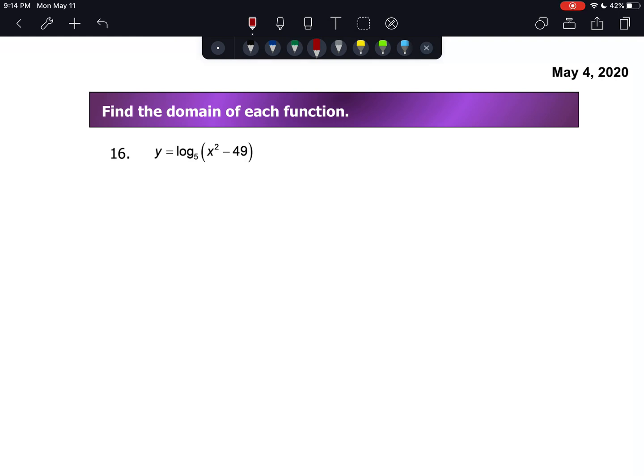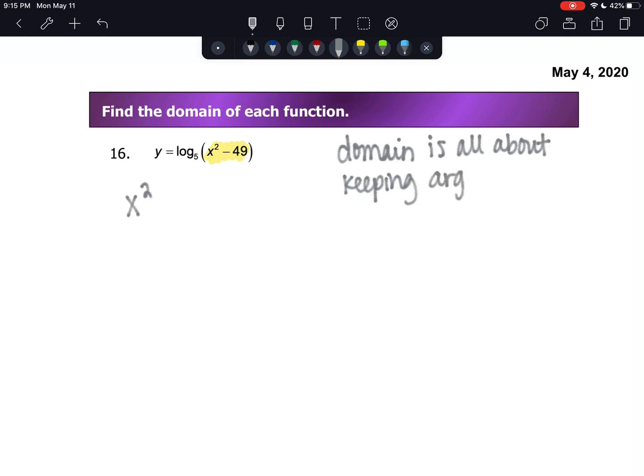So let's think about this graphically with this one. I've got my argument is x squared minus 49. And the domain is all about the argument. The domain is all about keeping the argument greater than 0, which is positive, keeping the argument positive.